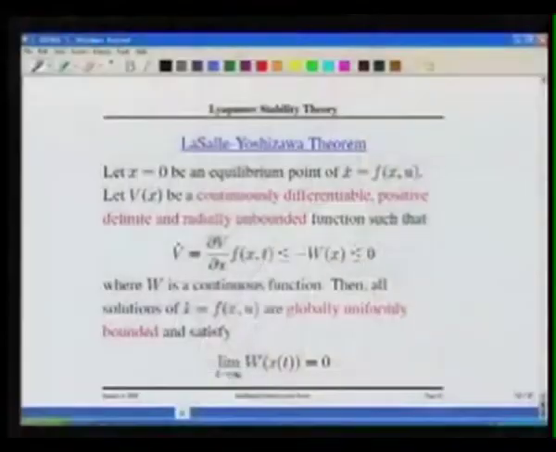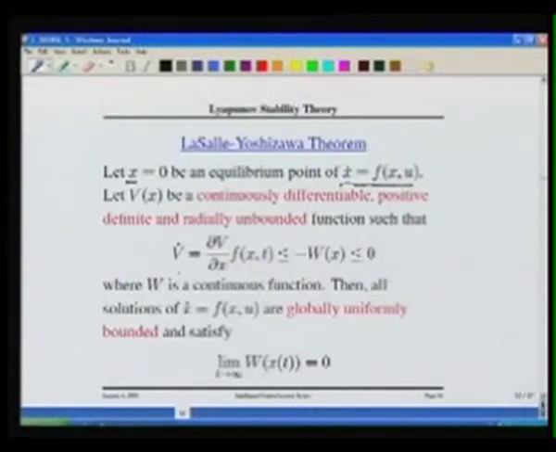Here, if x equal to 0, the origin, is an equilibrium point of this nonlinear system, then assume that V(x) is continuously differentiable, positive definite, radially unbounded, which is a property of a Lyapunov function.